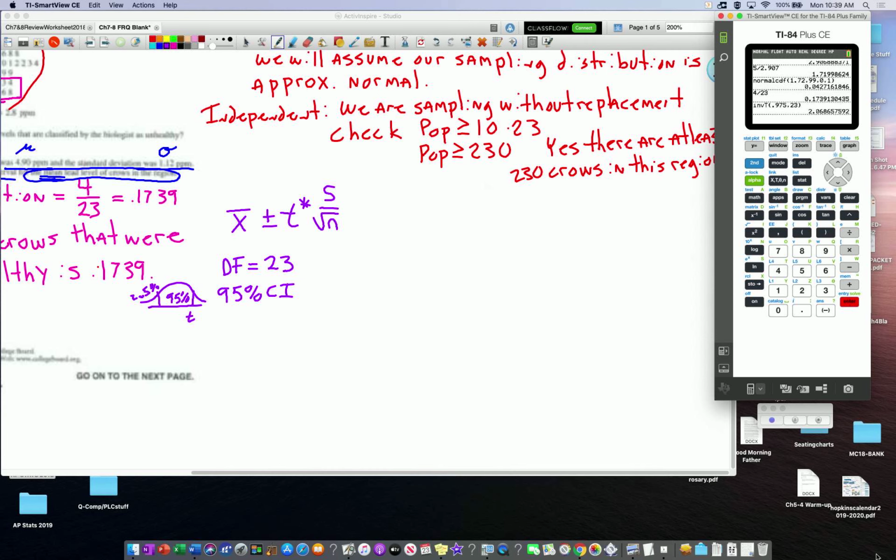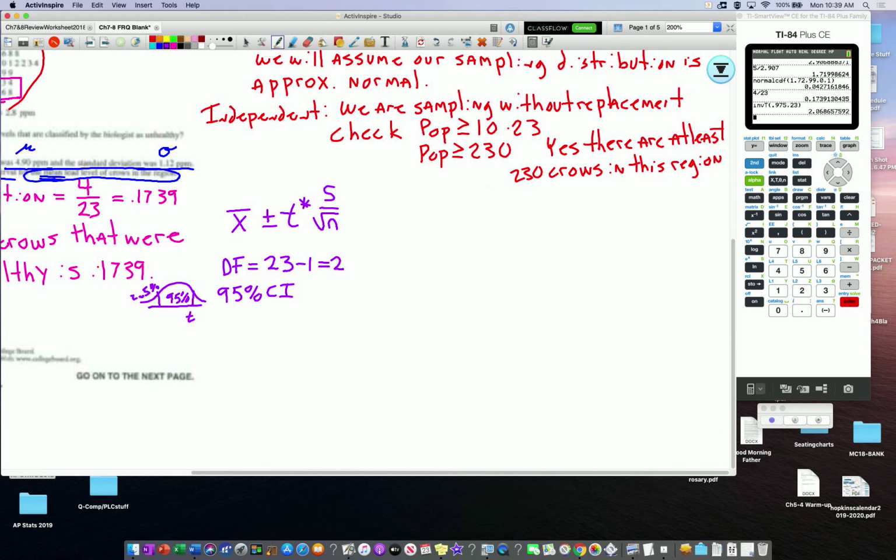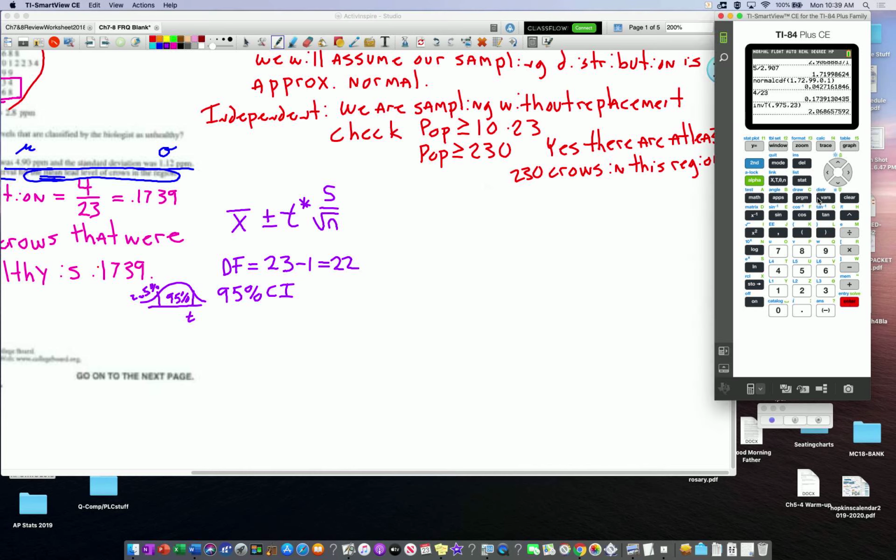Oops, I apologize. Degrees of freedom is not 23. It's 23 minus 1, 22. Mr. Bartz, another small mistake here. So let me go back here. I go second vars, inverse t, which is number 4. Gotta change that to degrees of freedom. I forgot to subtract 1. Wowzers. Glad I caught that one.